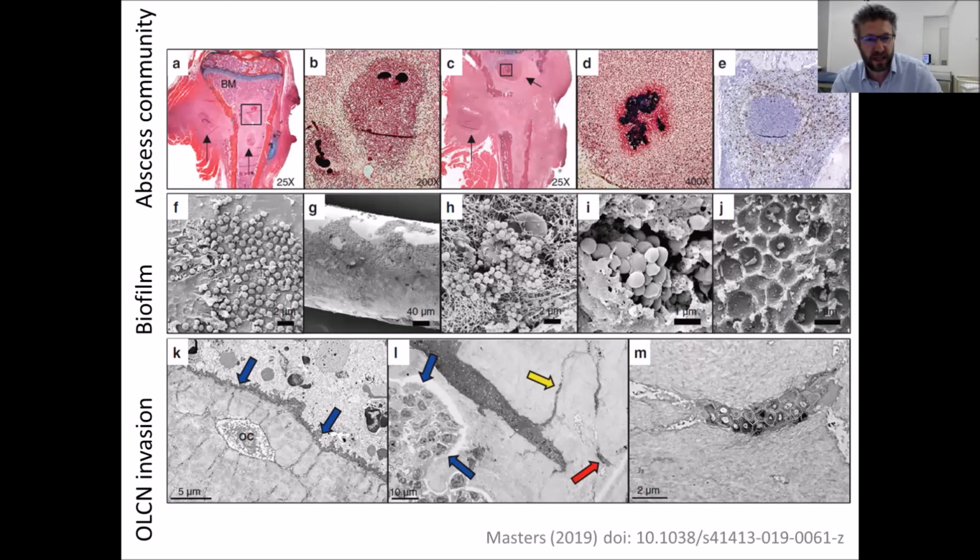So you can see in panel M there, one of those tiny little channels through the bone, and the staph have actually invaded in there and are quiescent in that space, which is away from the immune system. And along the top, we've got a staphylococcal abscess community developing where, again, the metabolism has changed, the environment has changed, and so antibiotics are going to have to work differently in that space.